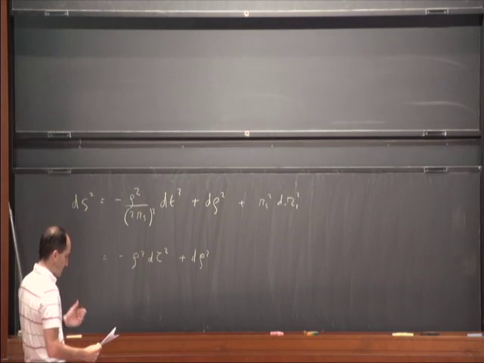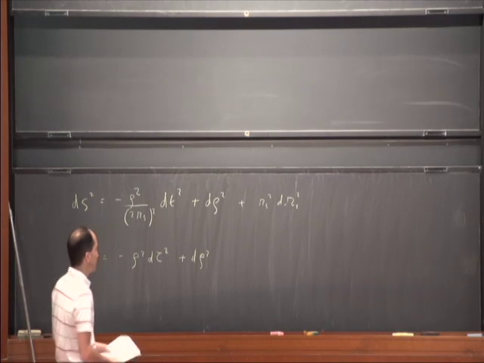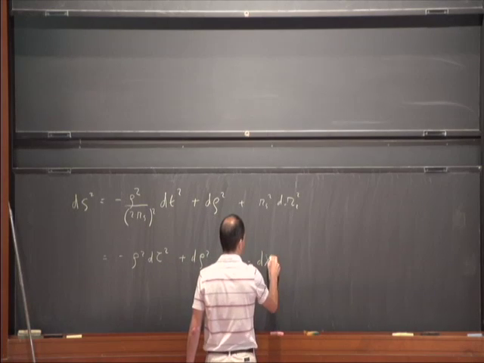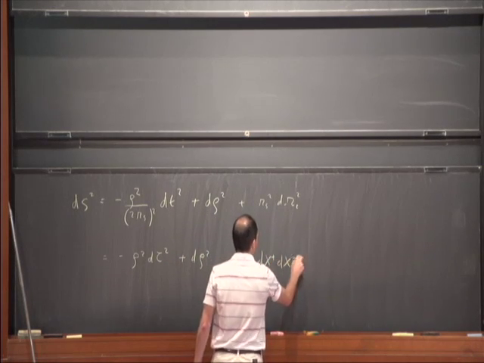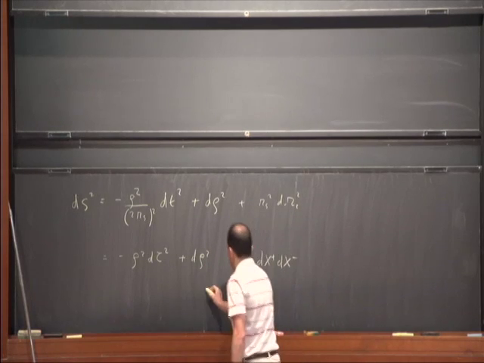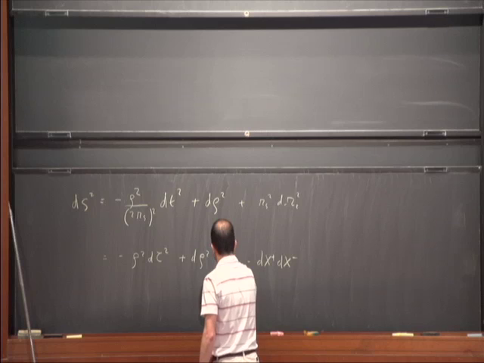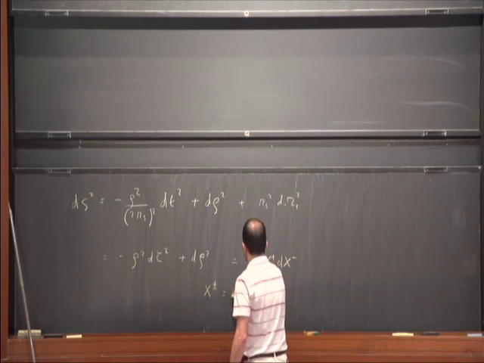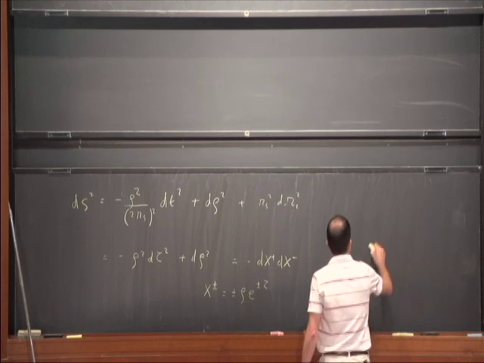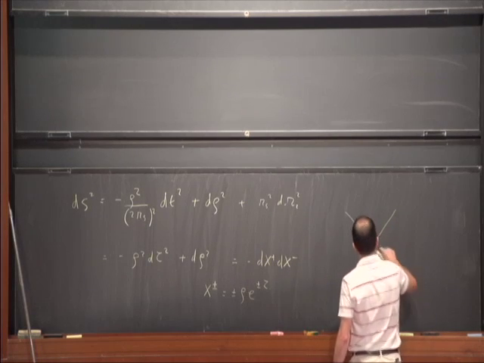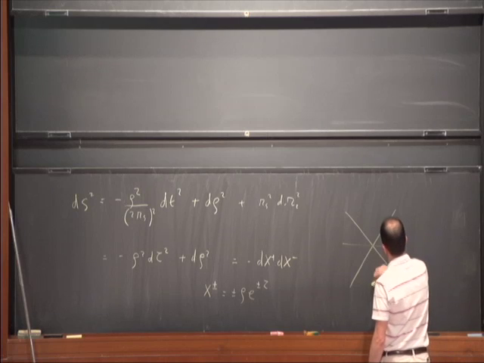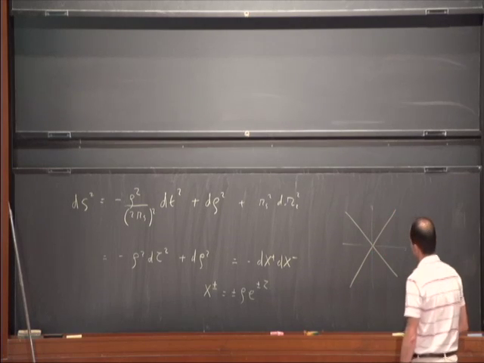And this metric is nothing else than the usual flat space metric, where we define an analog of polar coordinates, which is rho e to the plus or minus tau. Okay. So this is just ordinary flat space, where you have the spatial coordinate and a time, now the flat space time coordinate.